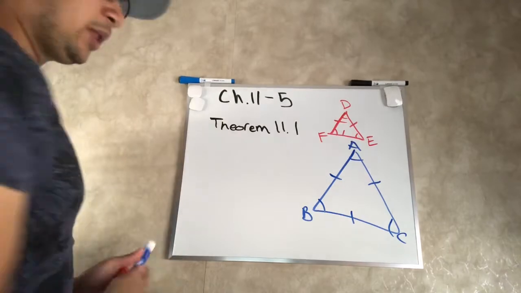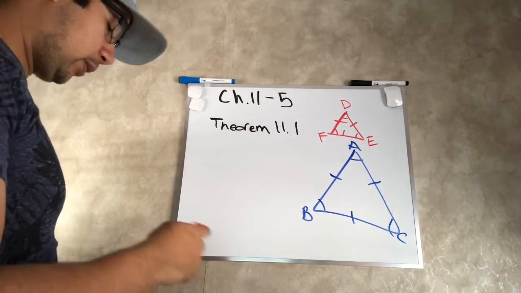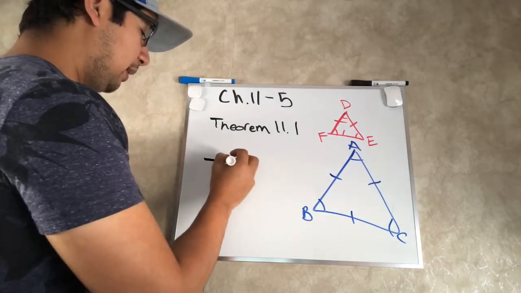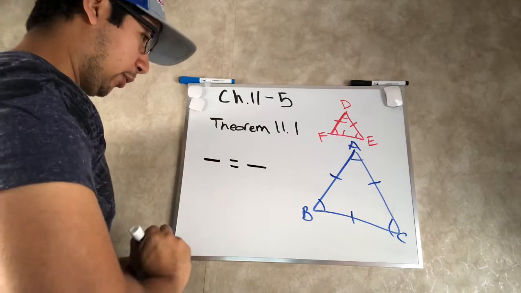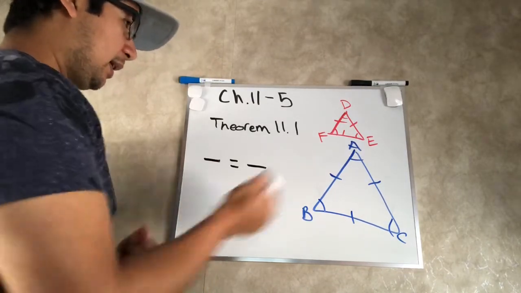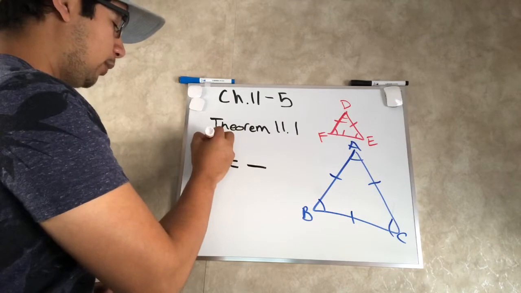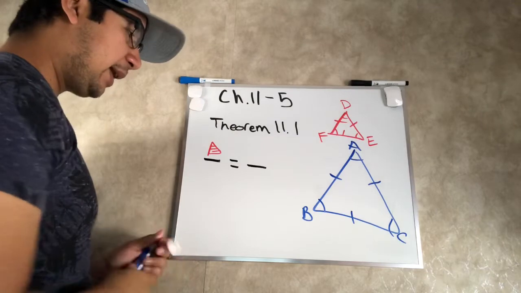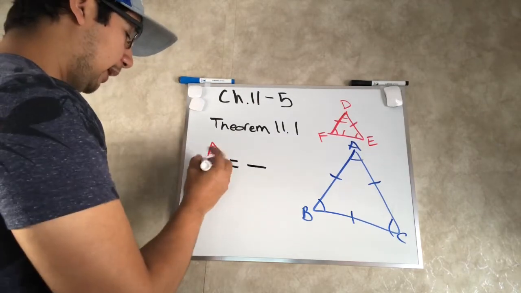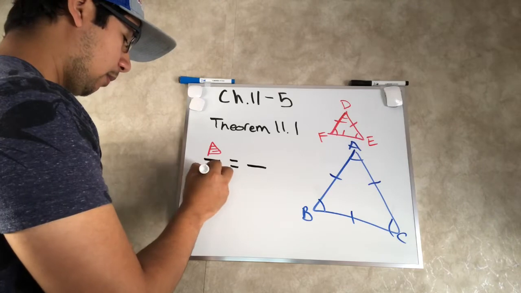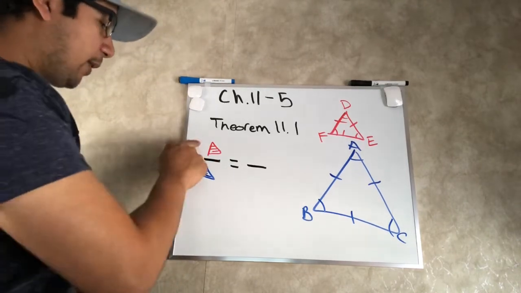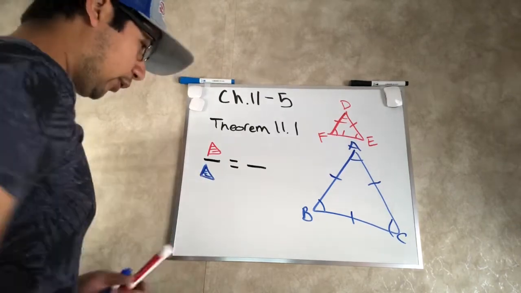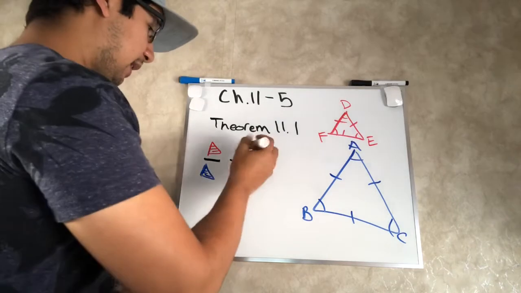Now, what this theorem was saying yesterday is that if you have the areas of both triangles and one of the sides, then they are proportional to each other. So you're going to have the area of the red triangle divided by the area of the blue triangle, which is proportional to the sides squared.